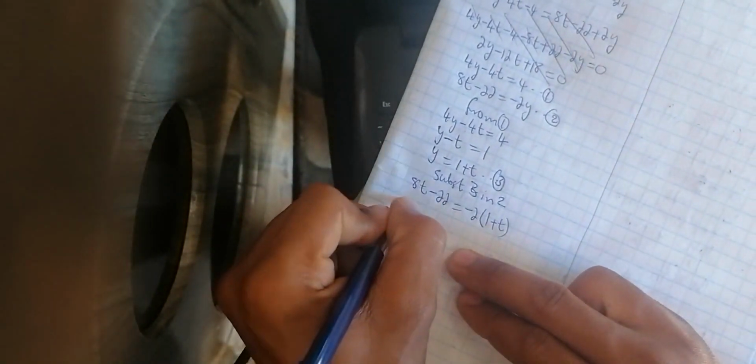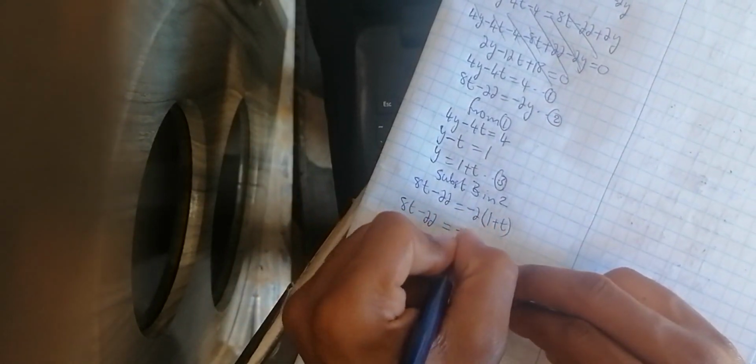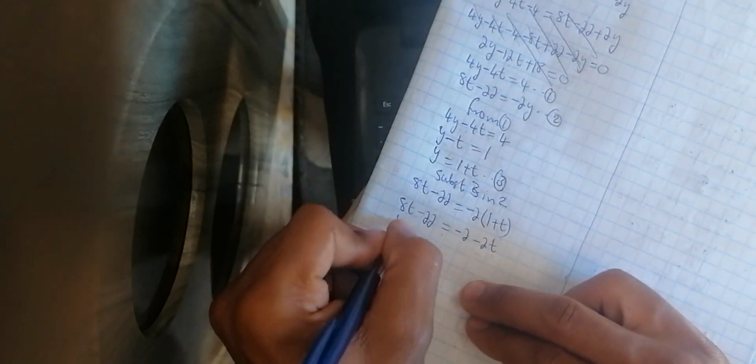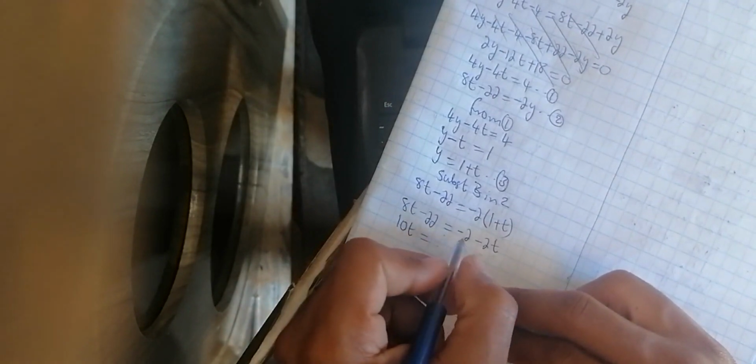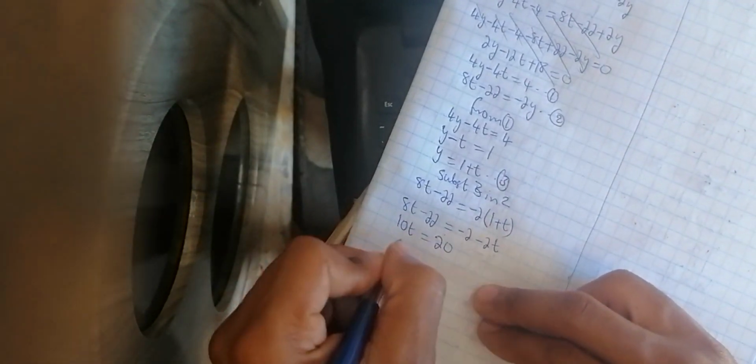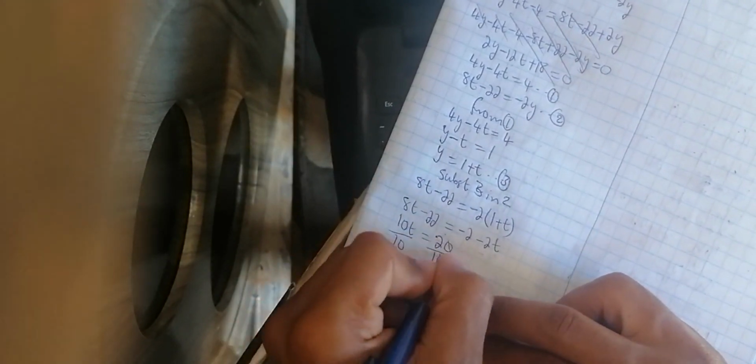Right, when we are here, 8t minus 22 minus 2 minus 2t, take to the side. 10t equals, take to the side, minus 2 plus 22 is 20. And then t equals 2. That would be your equation 4.